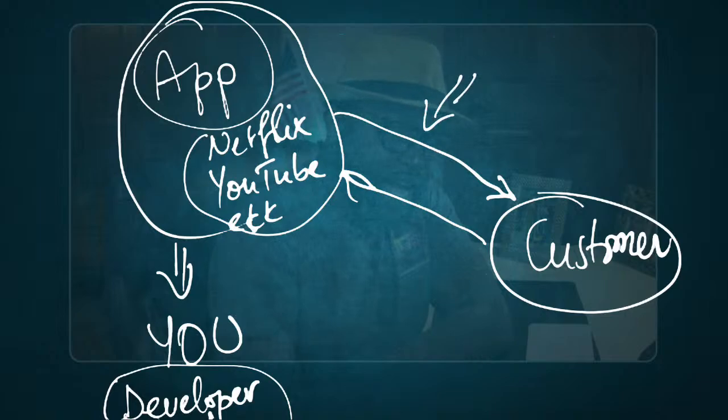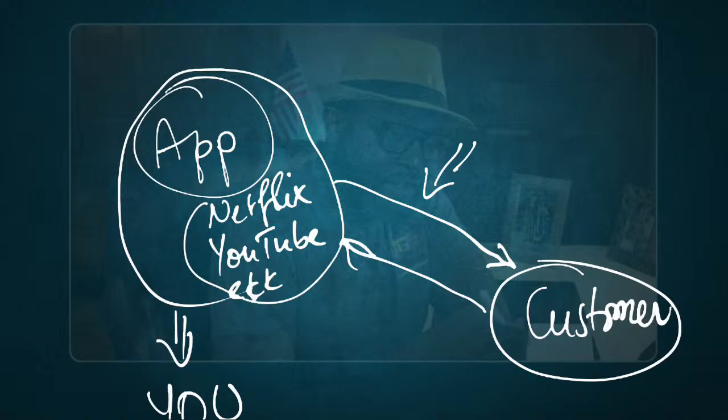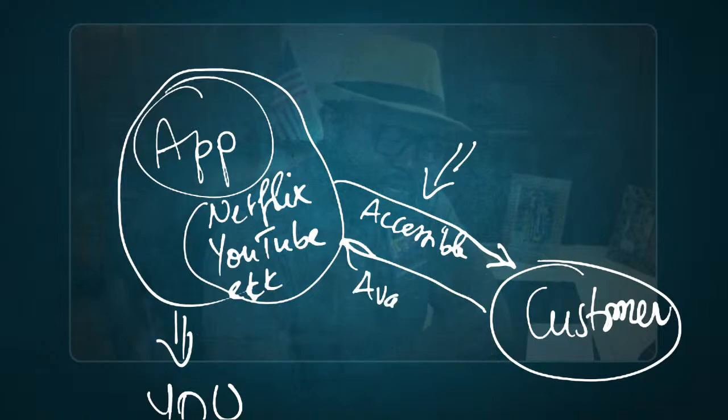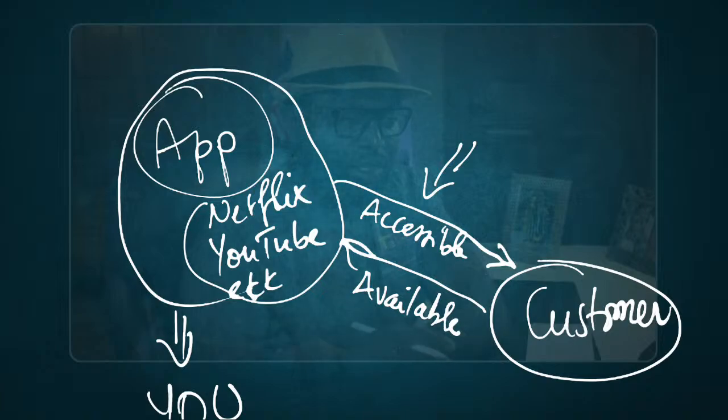For them to gain access, you are in charge of deploying first the application, meaning that you make the application accessible, right? So it becomes accessible, and also you have to make sure that it's always available, right? And of course you can add the security and other stuff. But let's say there is a situation where your application breaks. When your application breaks, that's a downtime.